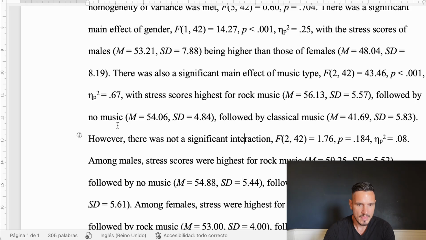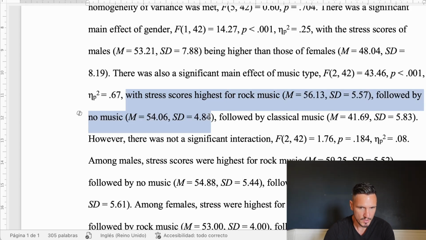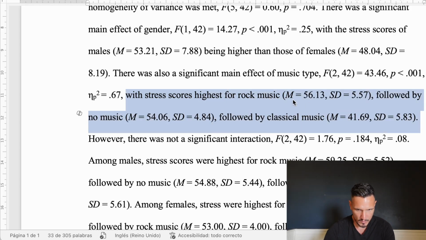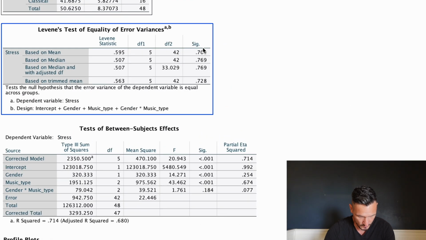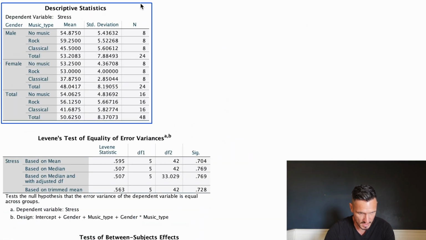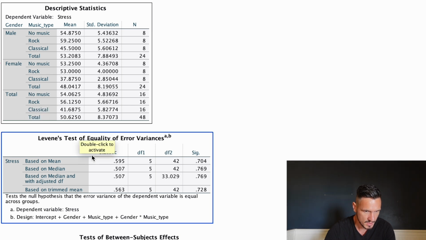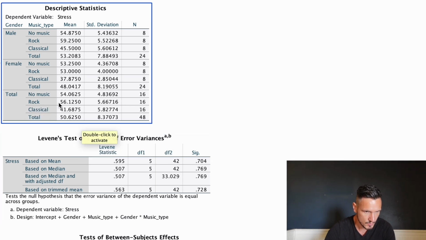And then we said that stress scores were highest for rock music, followed by no music, followed by classical music, and we've reported some means and standard deviations again. So those are coming from this descriptive statistics table, and we're looking at this total section at the bottom, so we can see that the stress scores are highest for rock.